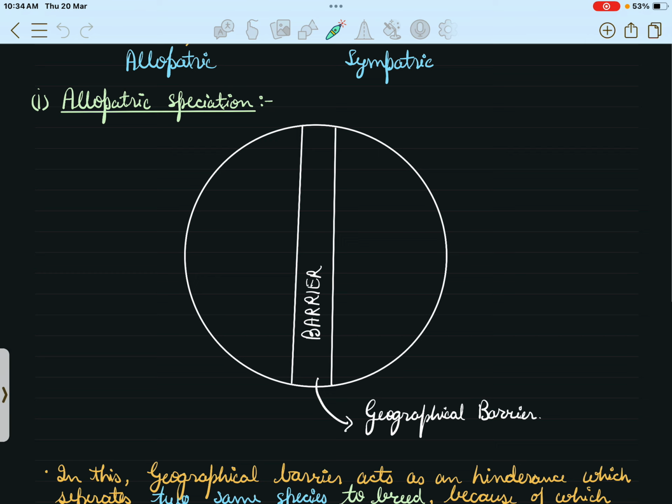Because of this barrier, the species which is present at this point has no chance of breeding with the species at this point. So because of this geographical barrier, both groups are separated. Both are the same species, but the individuals or the organisms from these two groups are being separated.